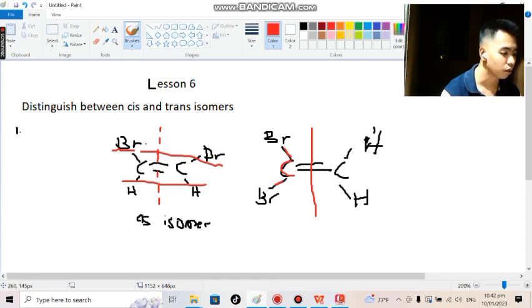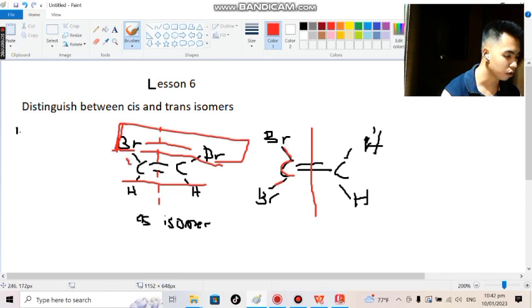It means that they are on the opposite sides of the bond. Each bond should possess a carbon.